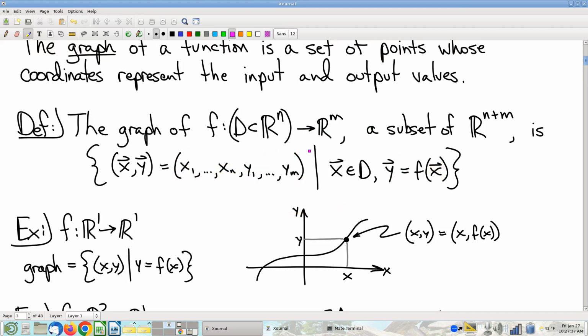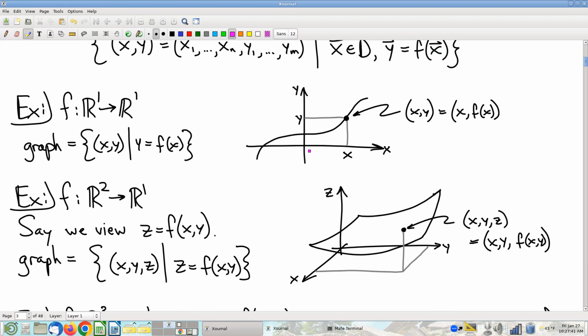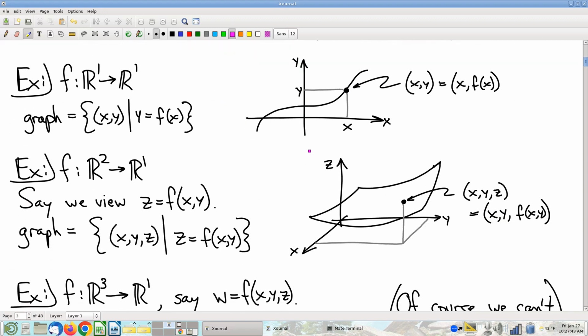Or you might say differently, the graph of a function is where you take the function and you set its values equal to a new variable, thus giving you an equation in more variables. Okay. So with graphs, we set the function equal to a new variable.